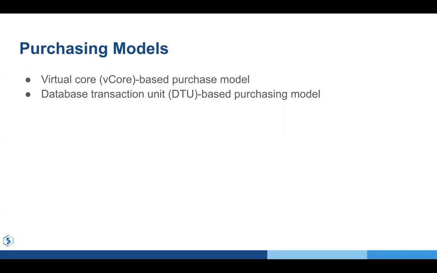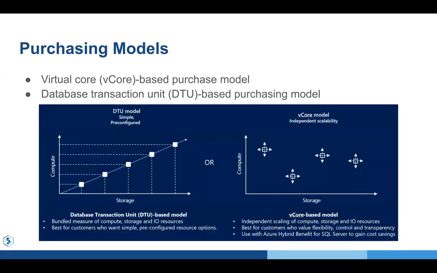throwing everywhere. Here's a simple comparison between both models. You can see that with DTU, the compute power increases at the same rate as the storage. And the vCore model is independent for compute power and storage, so you can fine tune that.